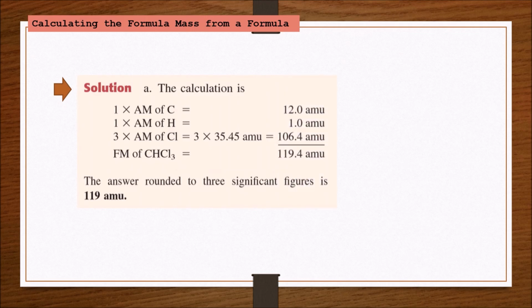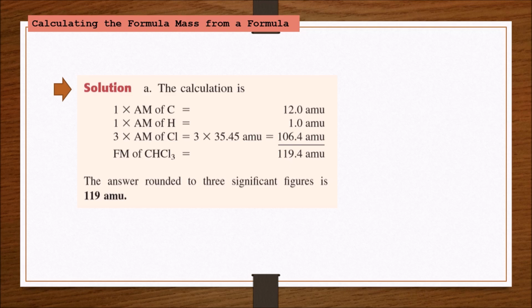Letter A, so this is the calculation. You have one carbon atom, and then you also have one hydrogen atom, and then you also have 3 chlorine atoms. So you have 1 times the atomic mass of carbon, which is 12, and then 1 times the atomic mass of hydrogen, which is 1, and then since you have 3 chlorine atoms, you multiply the atomic mass of chlorine, which is 35.45, times 3, and you'll have 106.4 AMU.